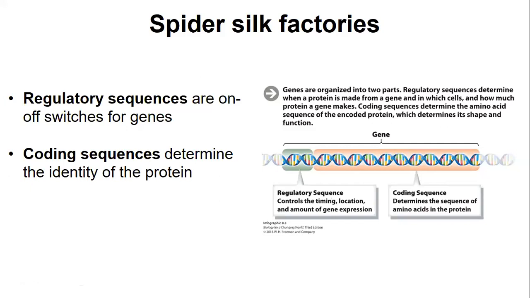Again, I talked to you about the regulatory sequence. That's the on and off, the green light, red light, turning genes on and off. The coding sequence determines the identity of the protein. And again, the sequence is going to lead to a structure, which then leads to a function.